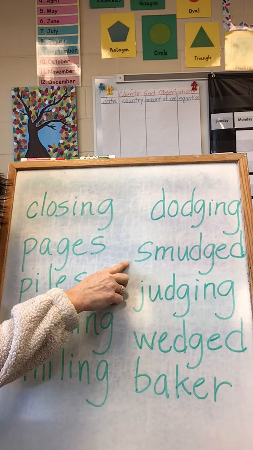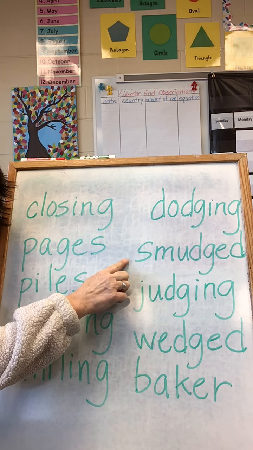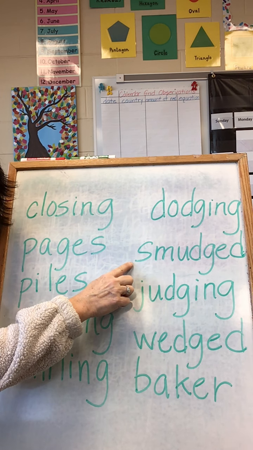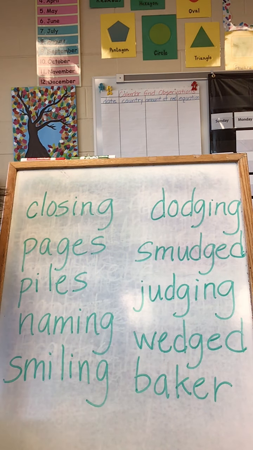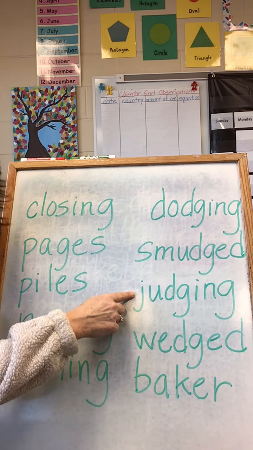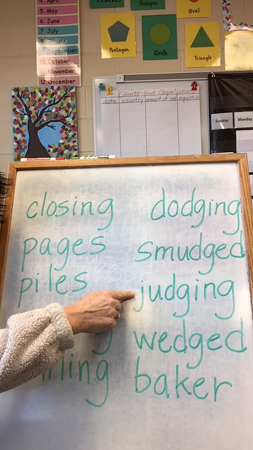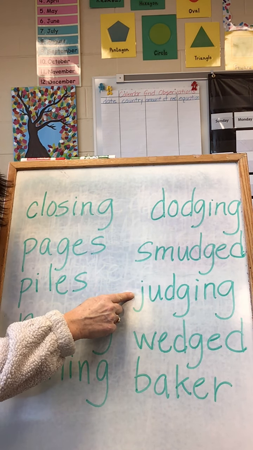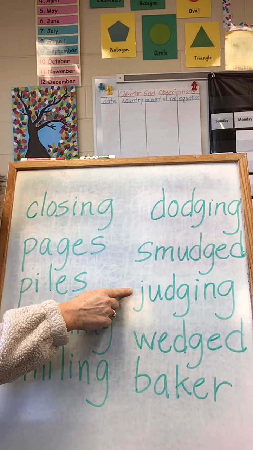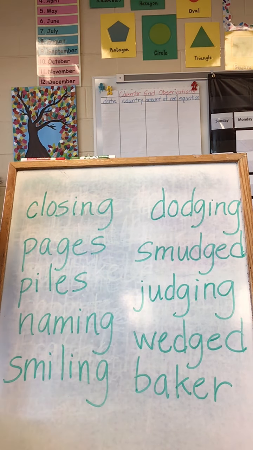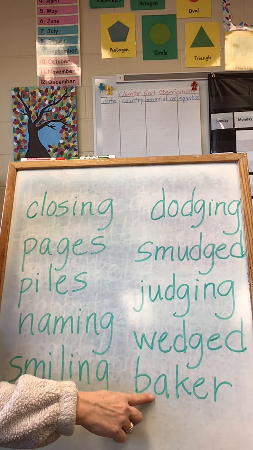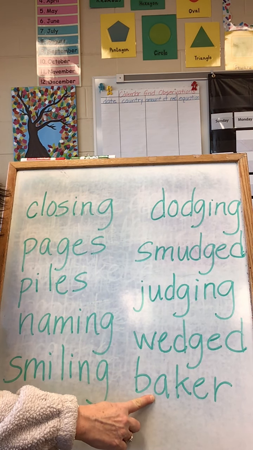Smudged. That means that it kind of smeared a little bit. I guess a synonym for smudged would be smeared. Okay, judging means if you are at a swim meet and someone has to judge the race to make sure that everyone follows the rules, that would be judging. And a baker is a person who bakes.